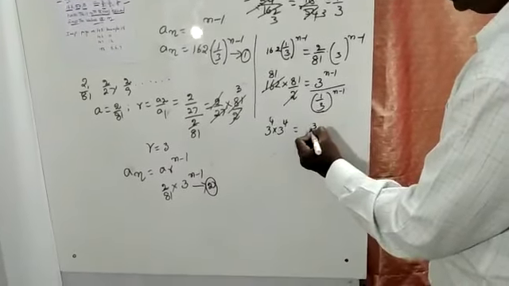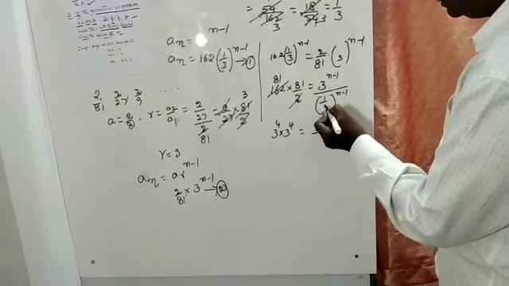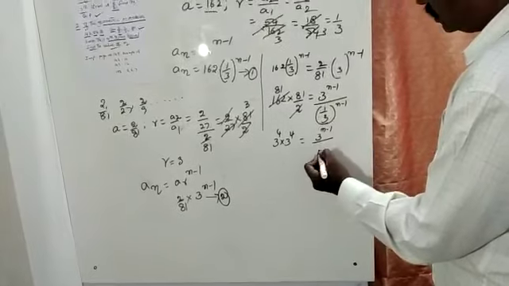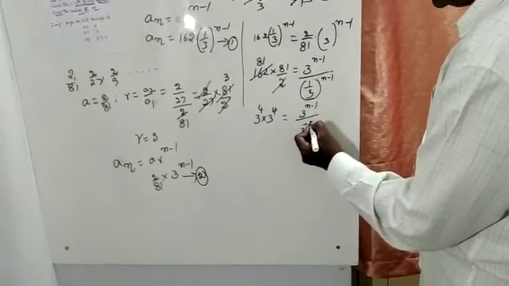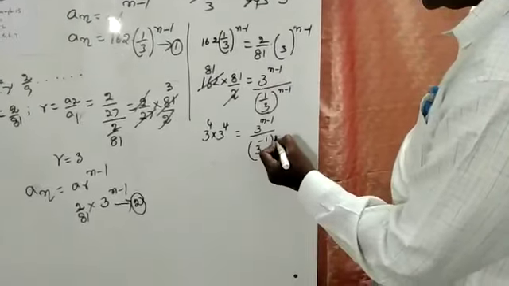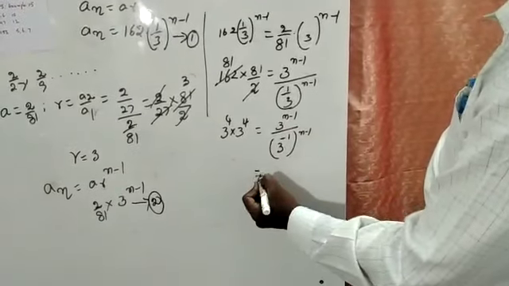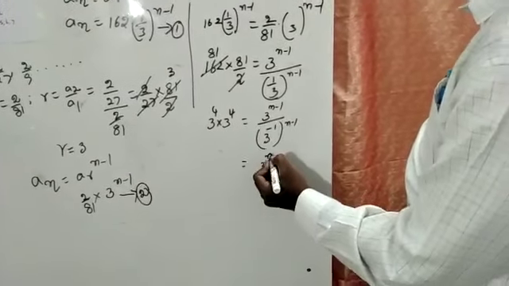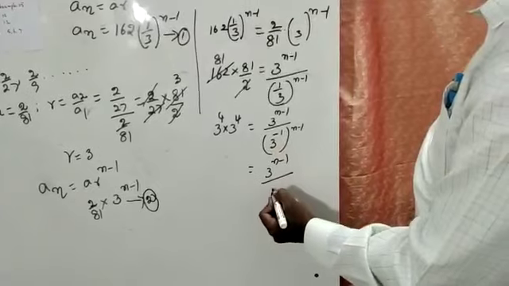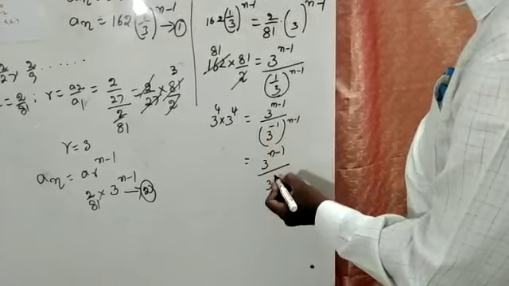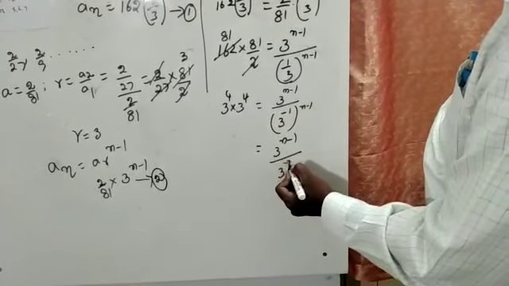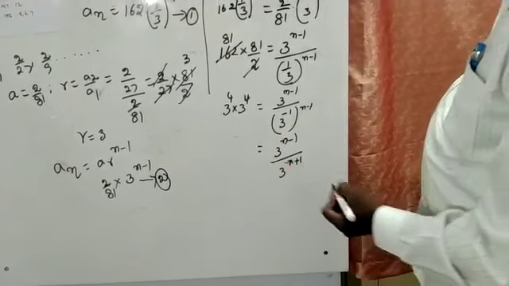Students, 3 to the power n minus 1 by, you take the numerator to the denominator, it becomes minus 1 to the power n minus 1. Again, next step, 3 power n minus 1 by 3 to the power, it becomes minus n plus 1.